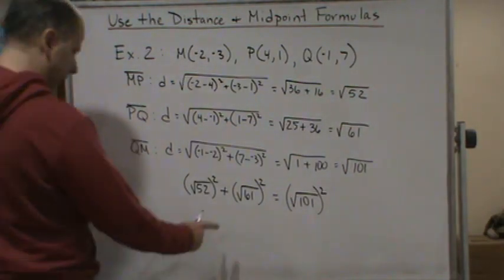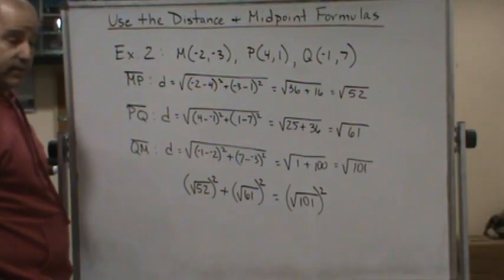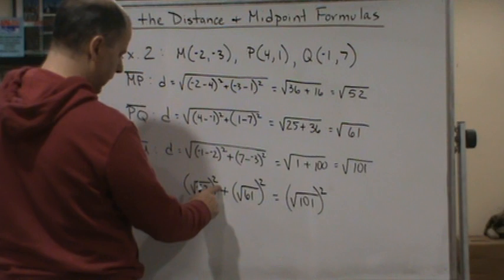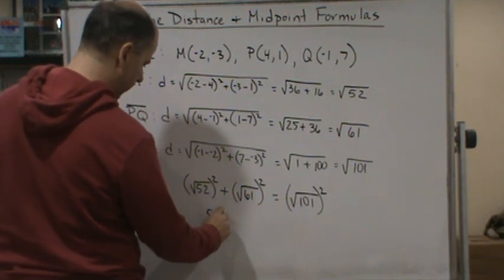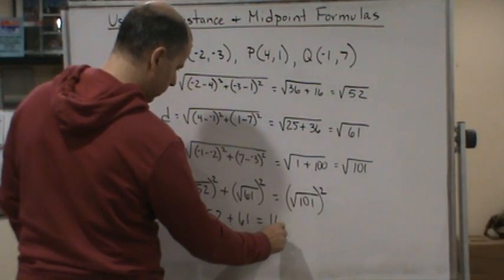Now, that's why I didn't want to simplify this any farther, because the square roots will be undone by the square, so this will just give us 52 plus 61 is equal to 101.